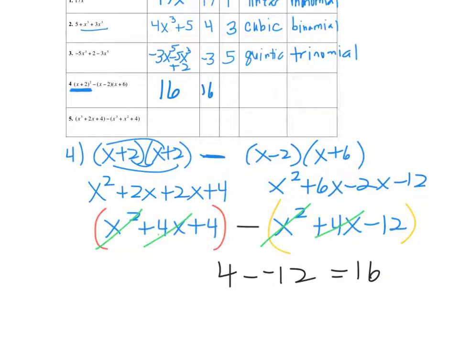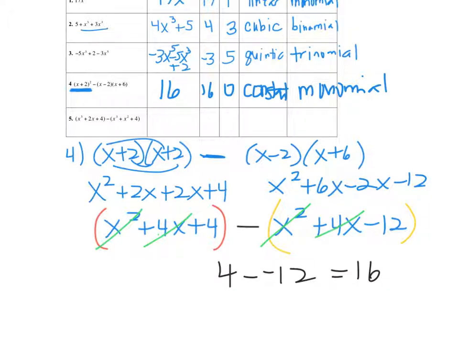The degree on that polynomial is 0. It's just a number, and all numbers are constant. And then this would be a monomial. Yay! That was a lot of work though, huh? Yeah. Okay, finally the last one.